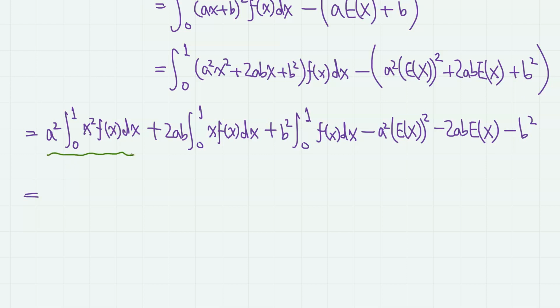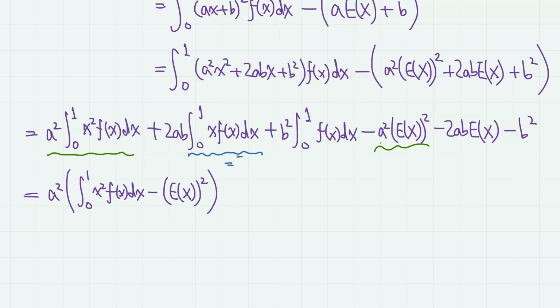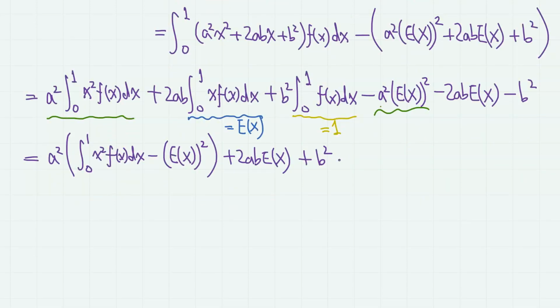Here, this term and this term give a squared times (the integral of x squared f(x) dx minus E[X] squared), and this is just E[X], so we have 2ab E[X], and this is 1, so we have b squared, and we have remaining terms minus 2ab E[X] minus b squared.